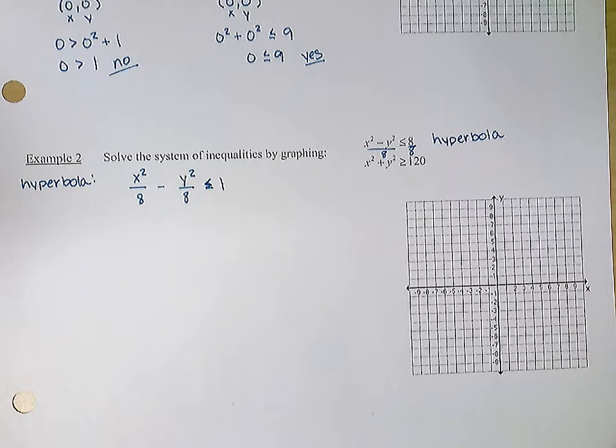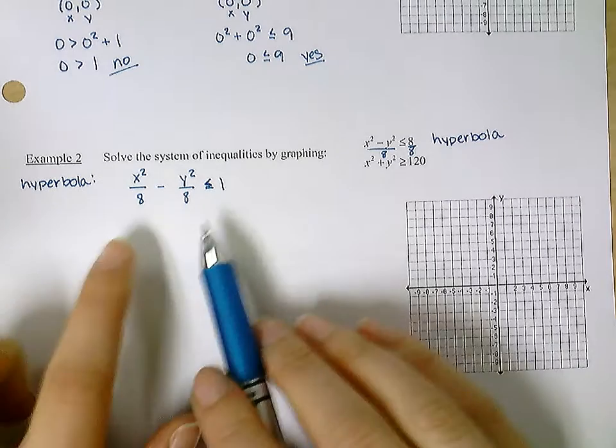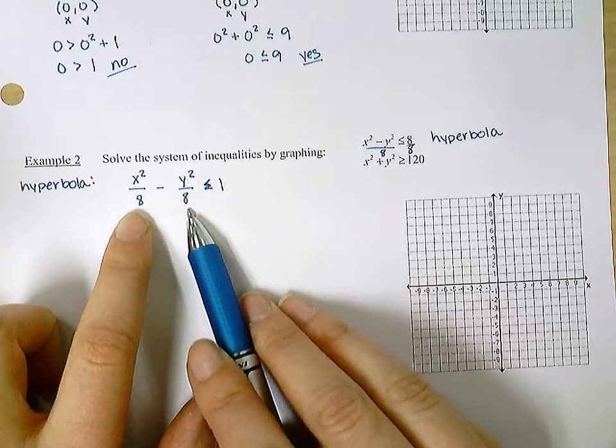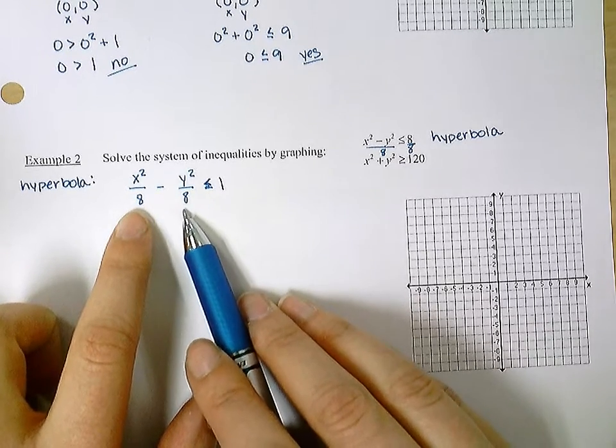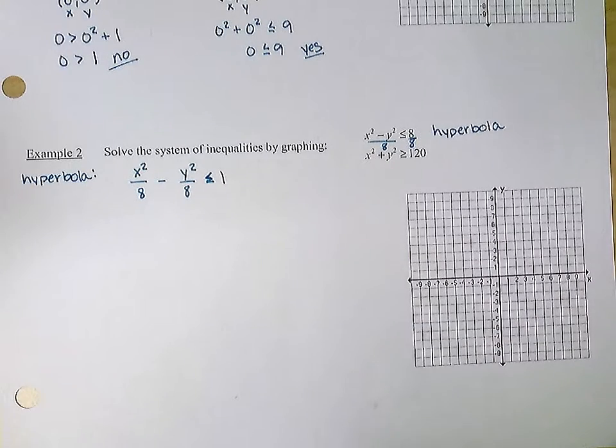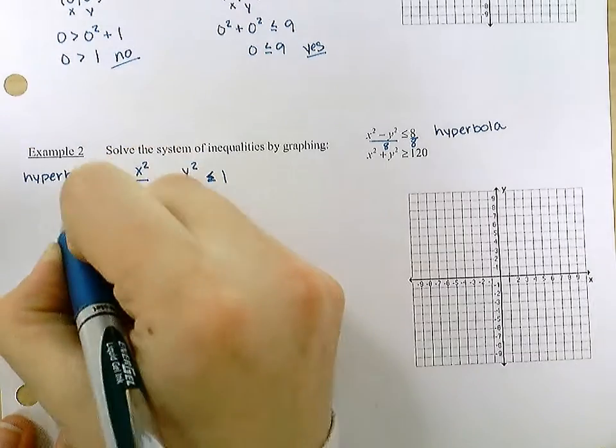Okay, and in this case, for your hyperbola, your a and b values are then just going to be the same. Okay, because a is here, b is here. Again, you just take the square root of those to get your a and b value. Okay, so your center for your hyperbola, you should know this one. What's the center for the hyperbola? 0, 0.